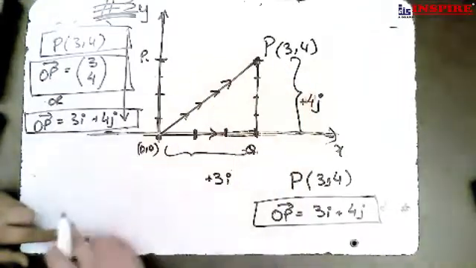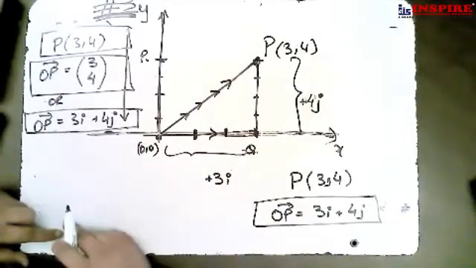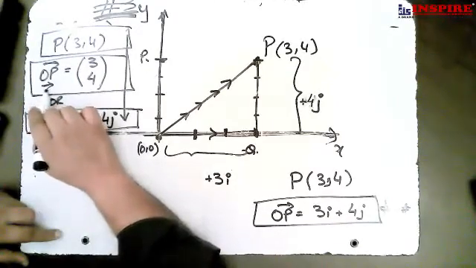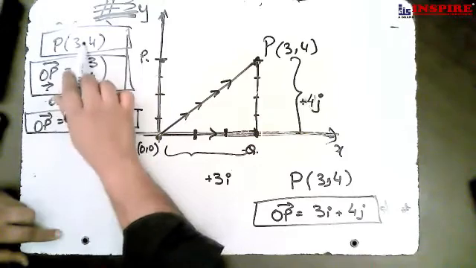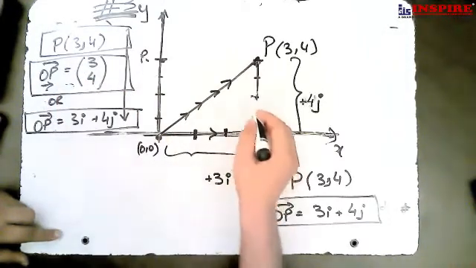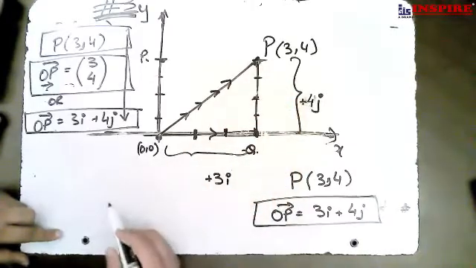OP means from the origin the coordinate system is 3, 4. This means 3 in the i, 4 in the j.